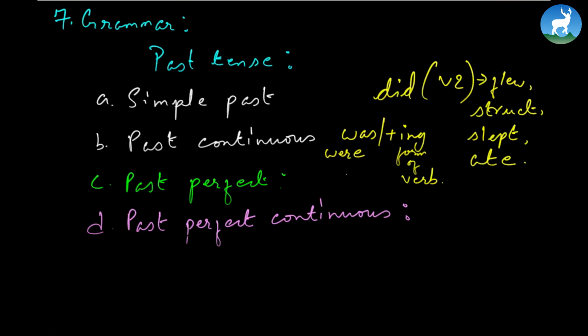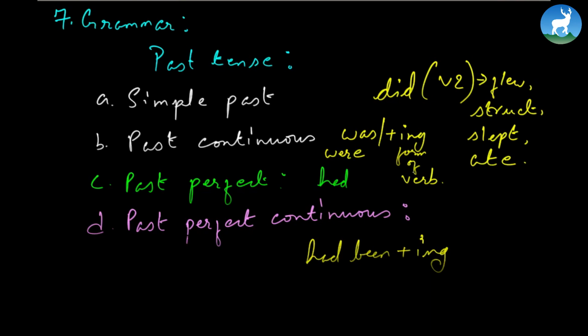Past perfect, its auxiliary would always be had. It talks about an event that happened in the past and was completed in the past. For instance, the bridge had collapsed. That would be one of the examples of past perfect. The bridge had collapsed. The children had eaten the breakfast. And moving further, it's past perfect continuous. An event that had started in the past and was continuing. I had been working in this institution since 2010.